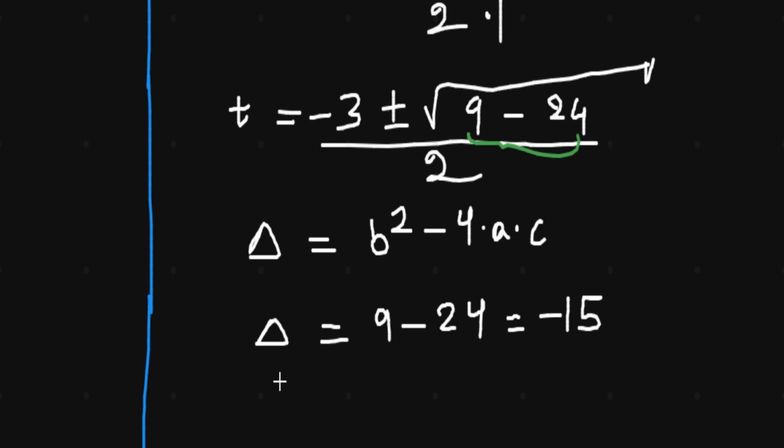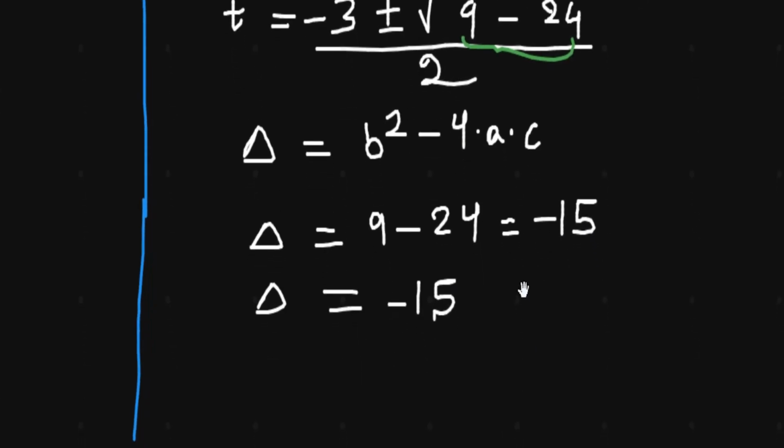So delta is equals to minus 15. So we got the value for delta is minus 15 here.